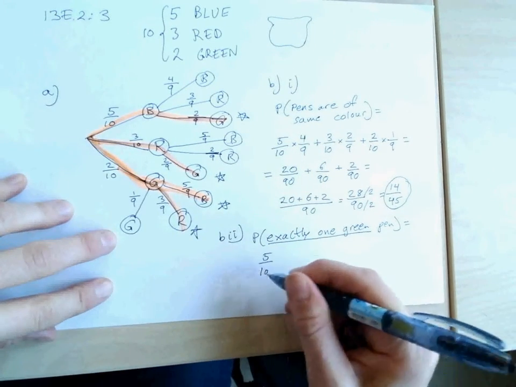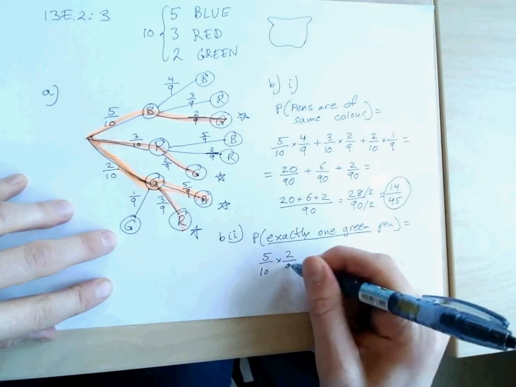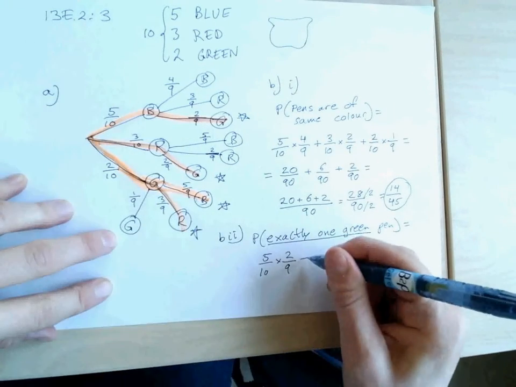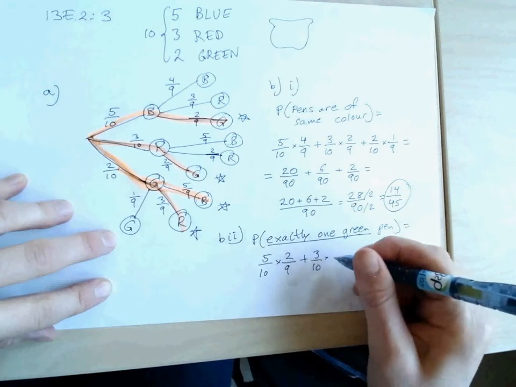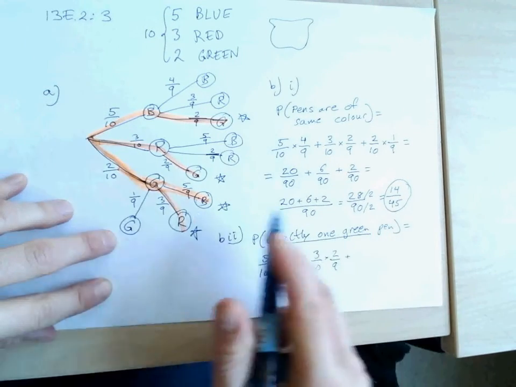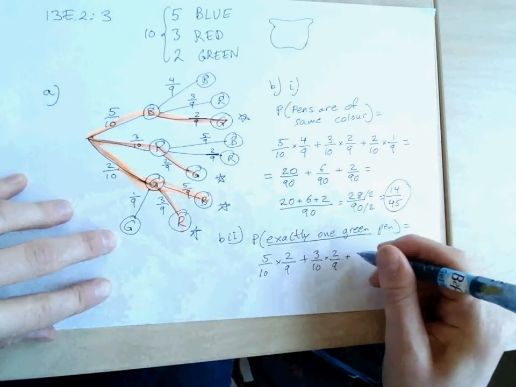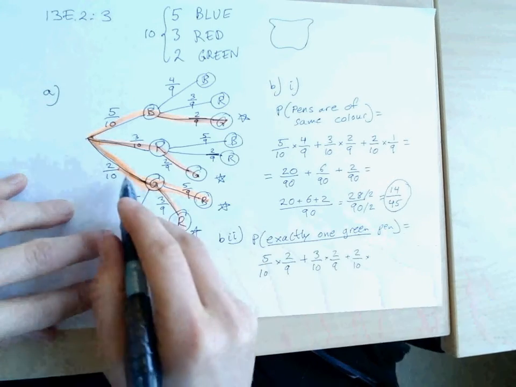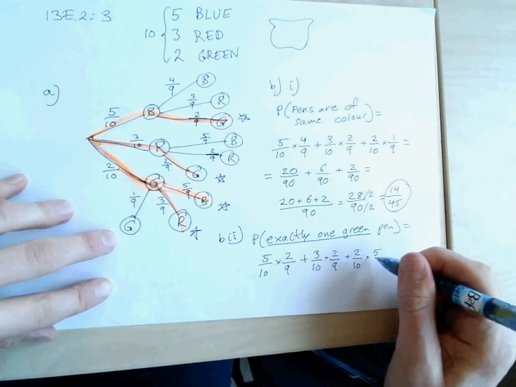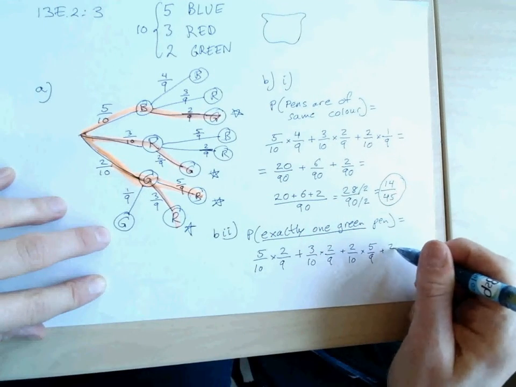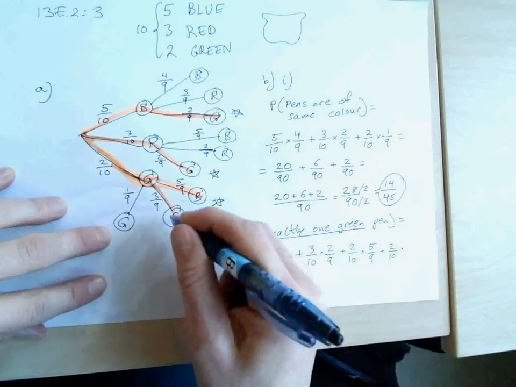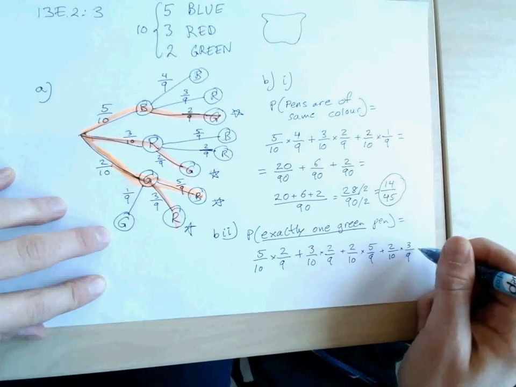We take 5 over 10 times 2 over 9, this branch, plus 3 over 10 times 2 over 9, plus 2 over 10 times 5 over 9. You see it will be a lot to calculate. Finally 2 over 10 times 3 over 9.